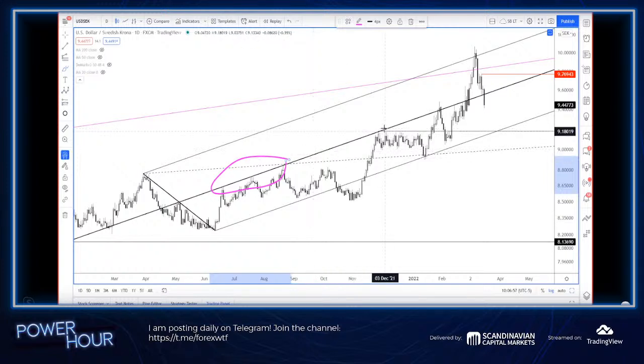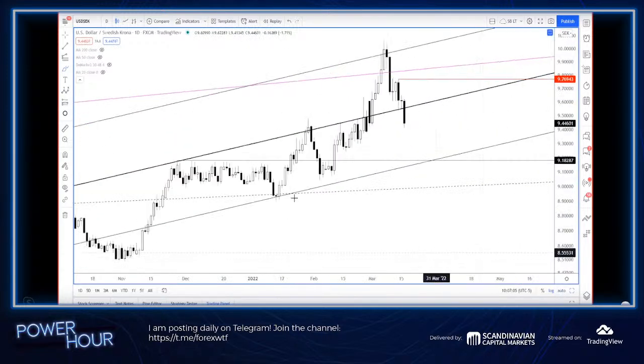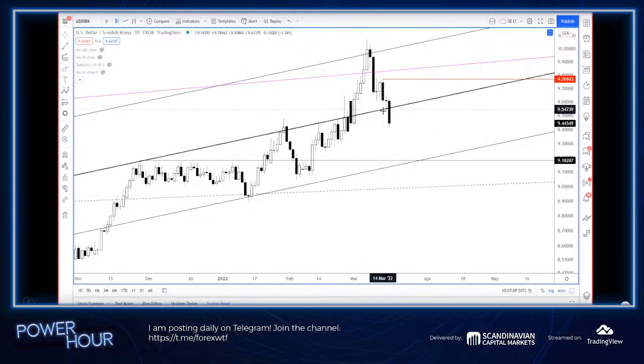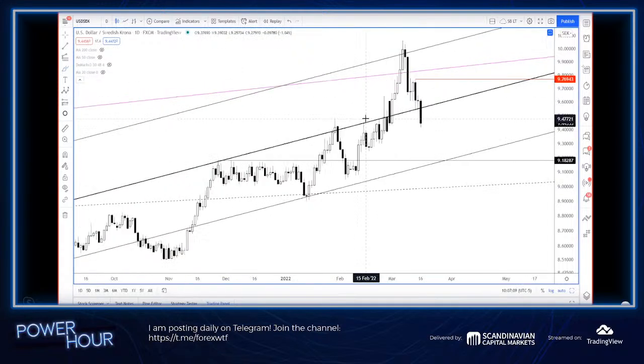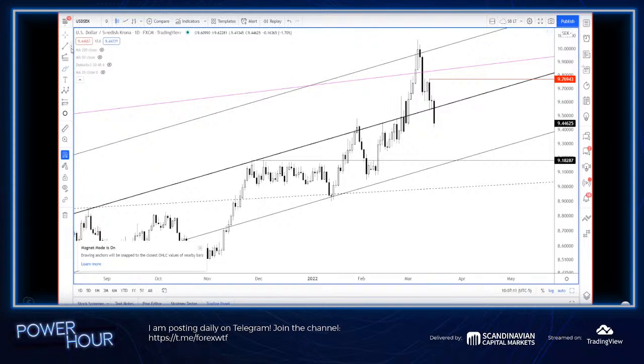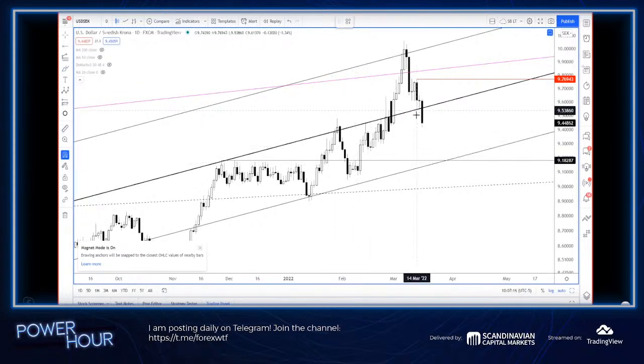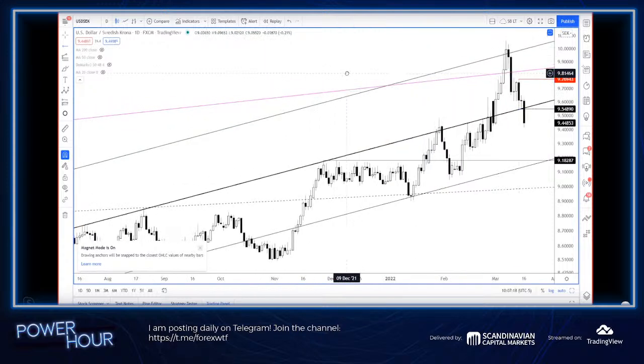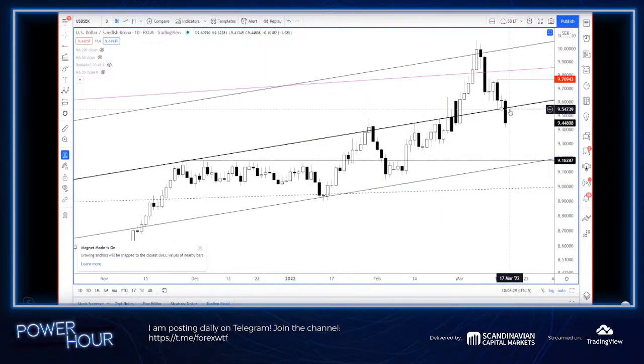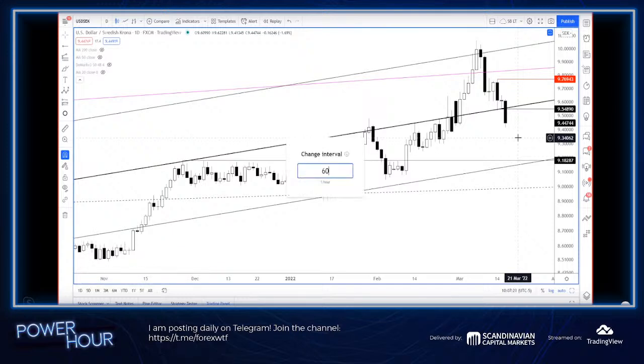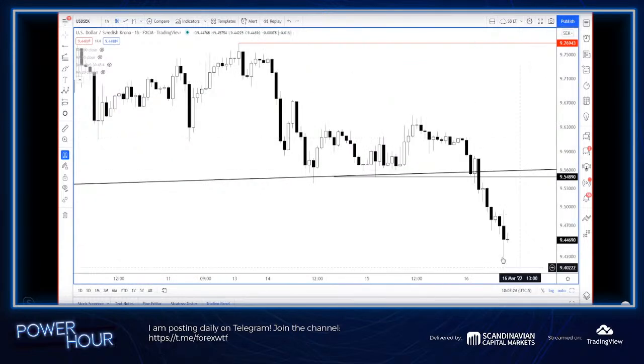Right there, right there, right there. Even the other day, two days ago, we reversed off of it and bounced. So what I'm saying is, if you're watching this and FOMC has not happened yet, watch yesterday's low for resistance if we do get a dollar bounce on FOMC.